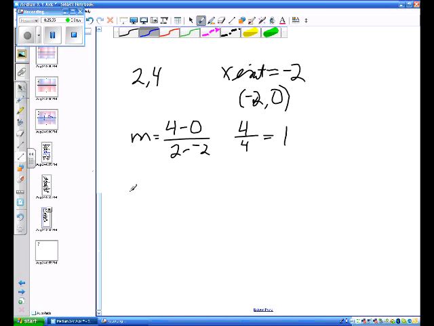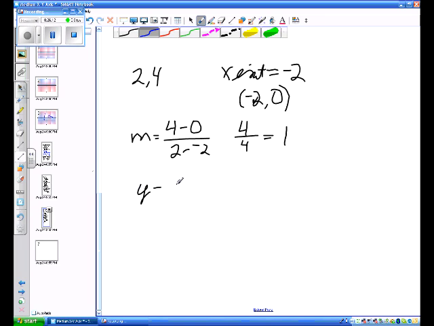Now, we have the x-intercept, but we don't have a special equation for the x-intercept. So that slope-intercept form is only for the y-intercept. So we're going to have to use our point slope. So y minus the given y. Now I'm going to use this one because it's got a 0 with it.